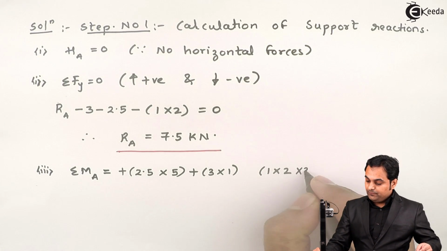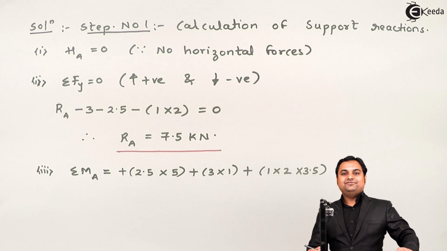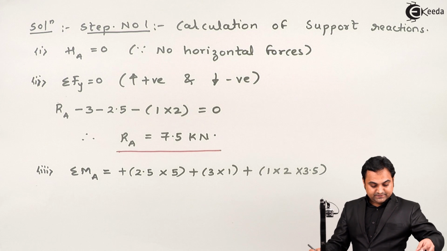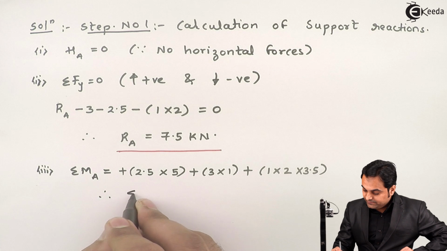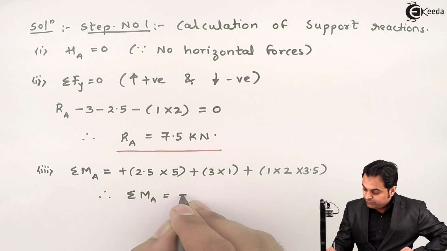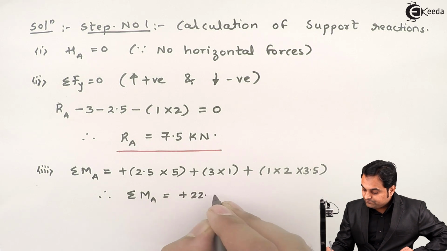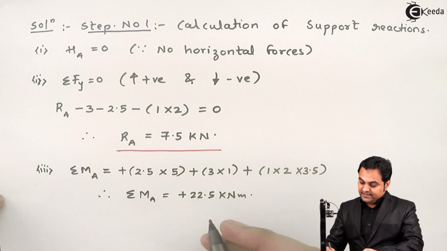So into 3.5, and it is producing clockwise moment, so positive. On calculating this, I'll get the answer of bending moment as plus 22.5 kilonewton meter.